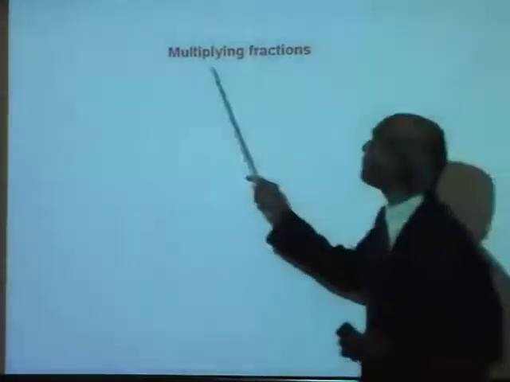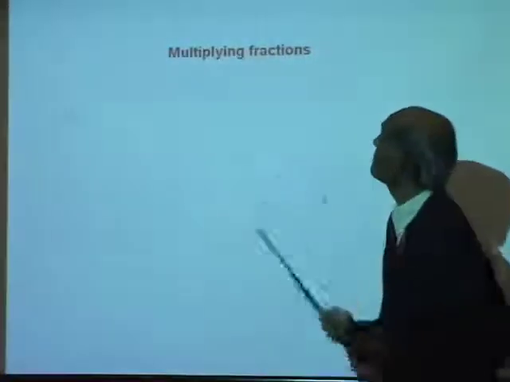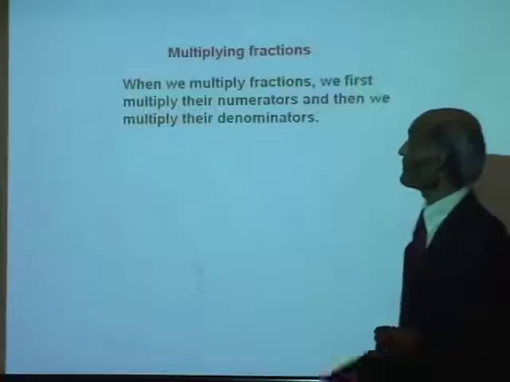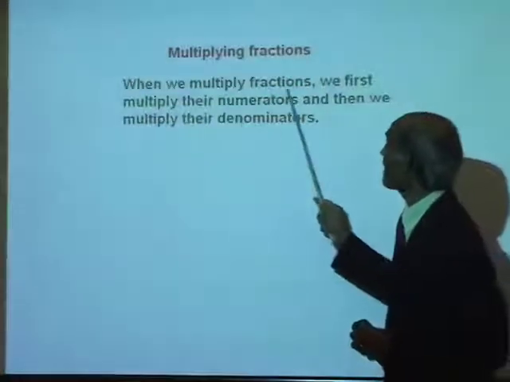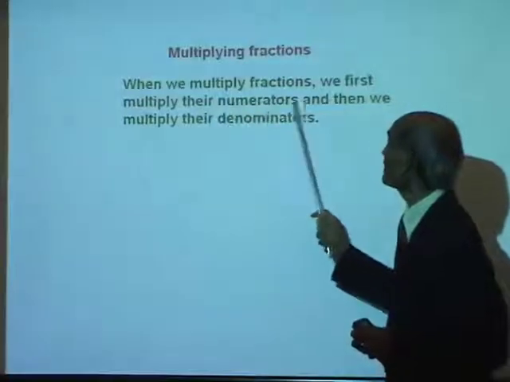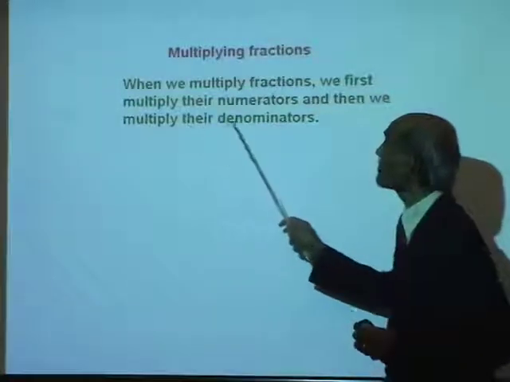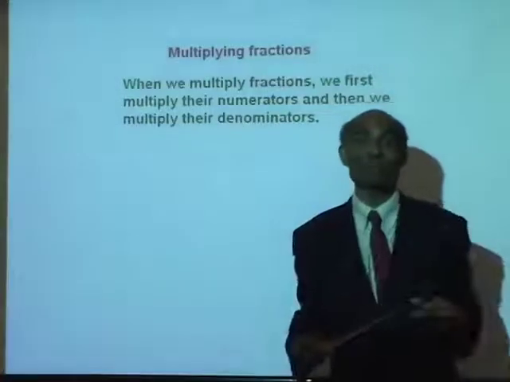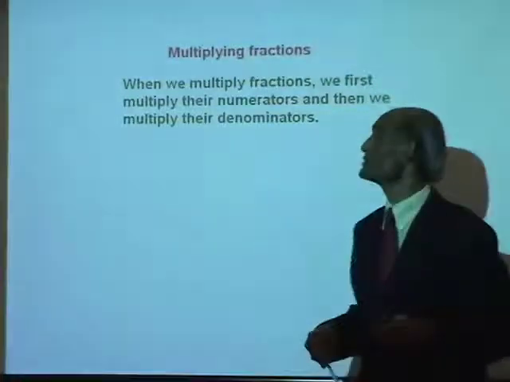Okay, let's now talk about multiplying fractions. What do you do to multiply fractions? When we multiply fractions, we first multiply their numerators, and then we multiply their denominators, and then simplify by making it in the lowest terms.